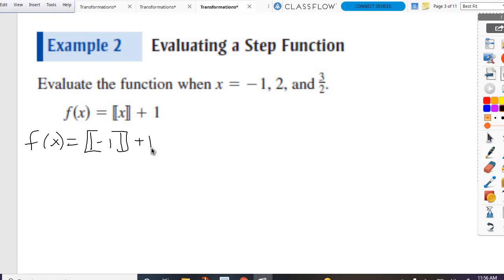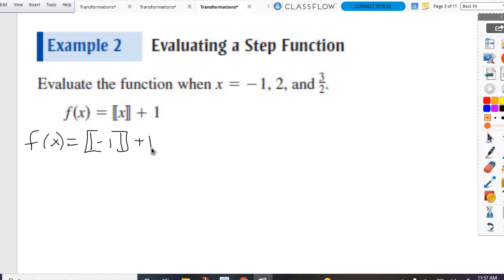Technically it should be grouping symbols, because parentheses is what you're all used to seeing, but it includes any type of grouping symbol. So we're going to include our greatest integer function as a grouping symbol. We have to do that function first, and then add, subtract, multiply, divide, whatever the other stuff is. So again, we're going to go back to that definition. What is the greatest integer that is less than or equal to -1?